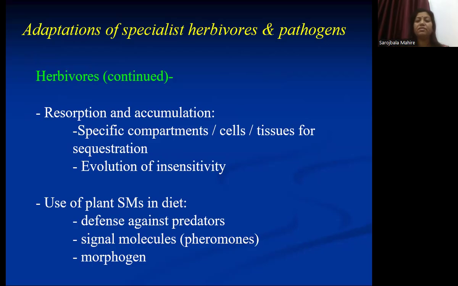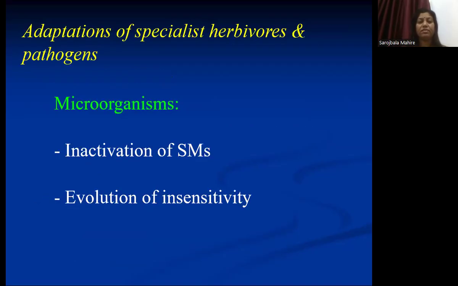Adaptations of specialist herbivores and pathogens: disruption and accumulation in specific compartments, use of plant secondary metabolites in the diet, defense against predators, as signal molecules and morphogens. Signal molecules means, for example, preserving pheromone.